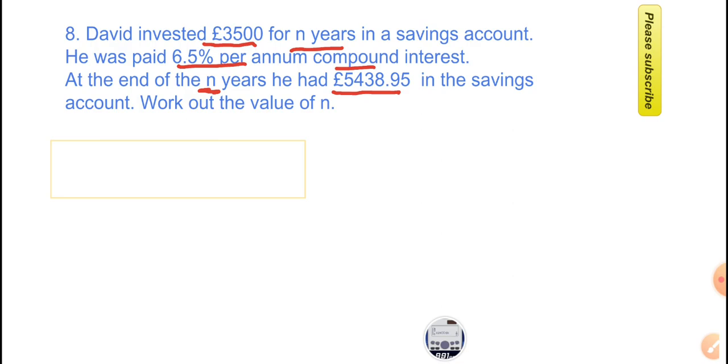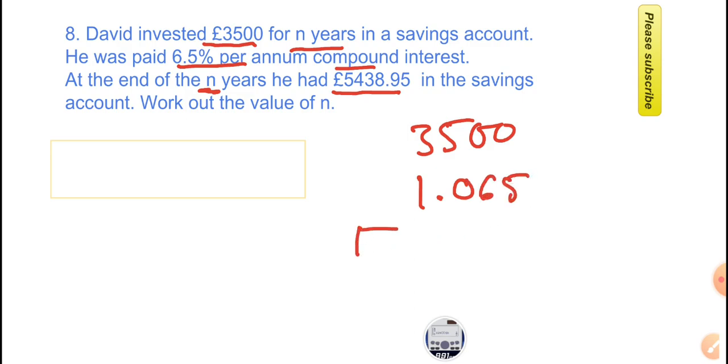So we know how much we invested right at the beginning. That was £3,500. And we know the interest rate is 6.5%. So what's a 6.5% increase as a decimal multiplier? It's 1.065. How do we know that? Because the initial amount is 100%.